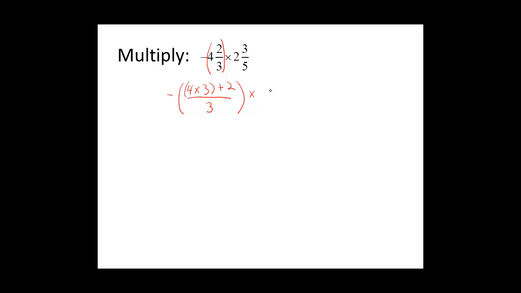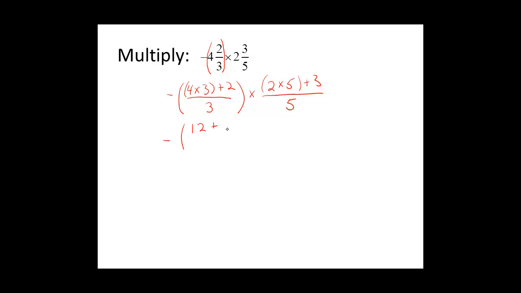We'll change this to an improper fraction, the whole number times the denominator plus the numerator is the numerator of the improper fraction over the denominator.